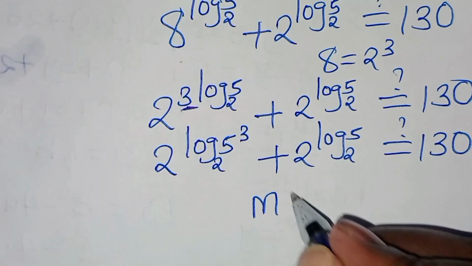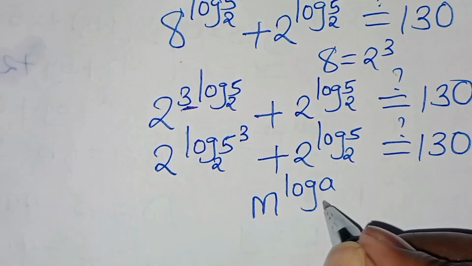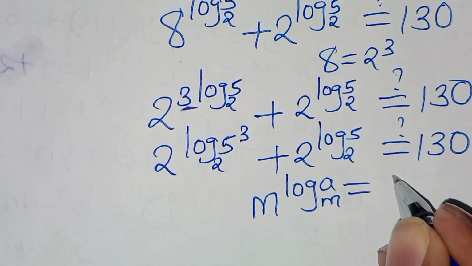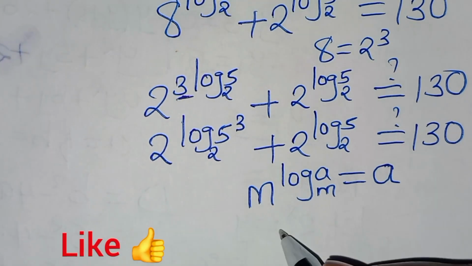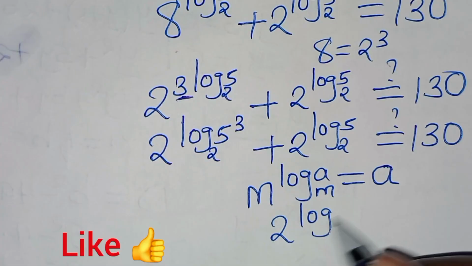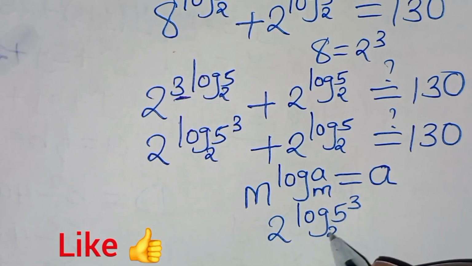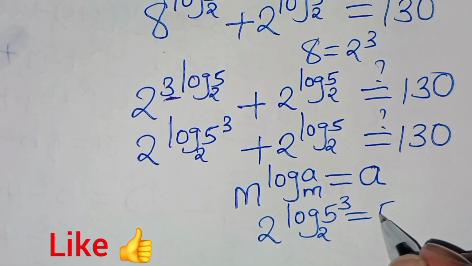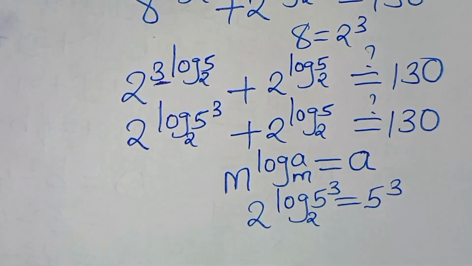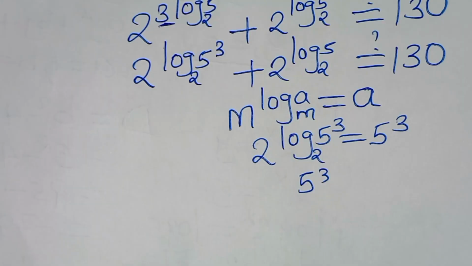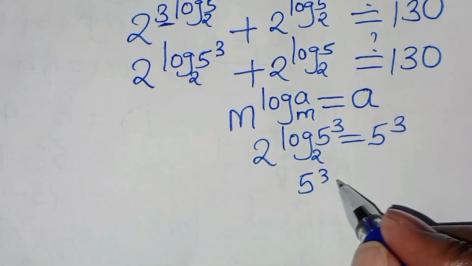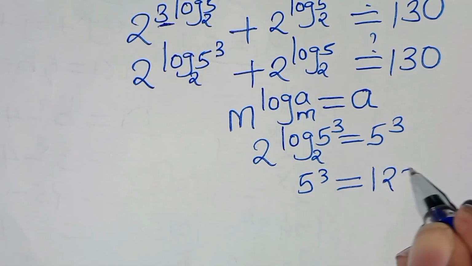This is in the form of m to the power log a to base m, which essentially is supposed to give us a value of a. This implies that 2 to the power log 5 to the power 3 to base 2, this is equal to 5 to the power 3. Now, 5 to the power 3, this is the same thing as 125.